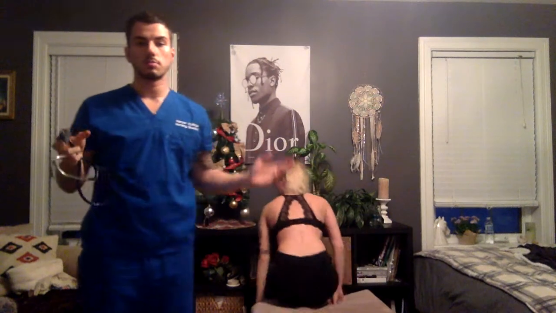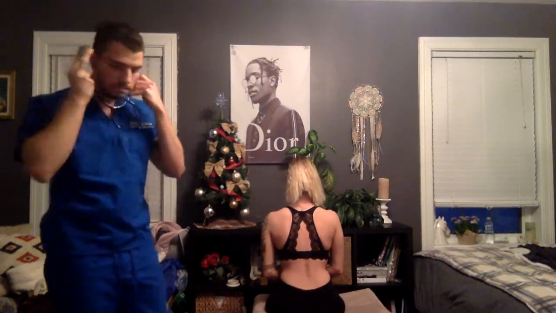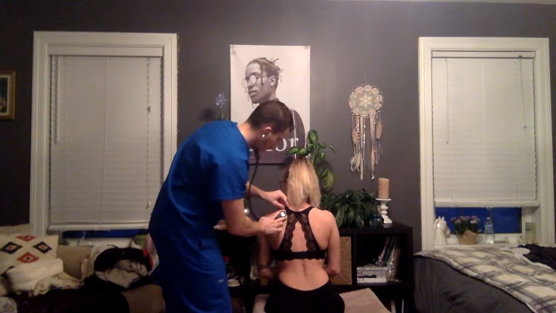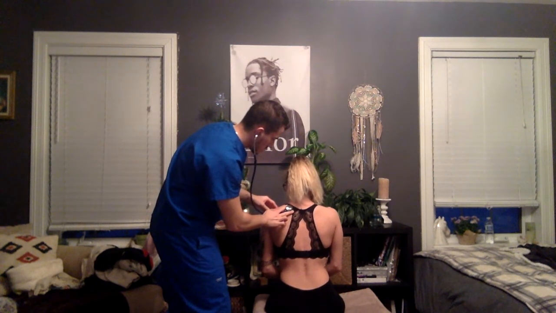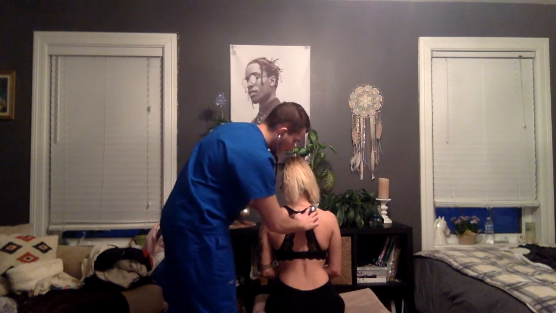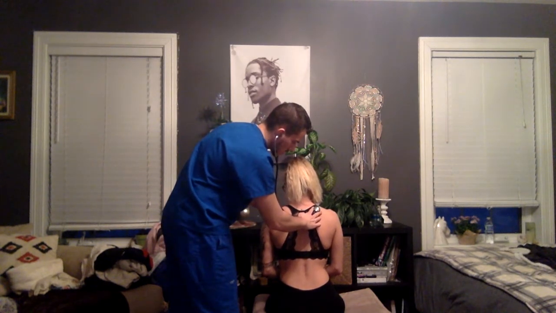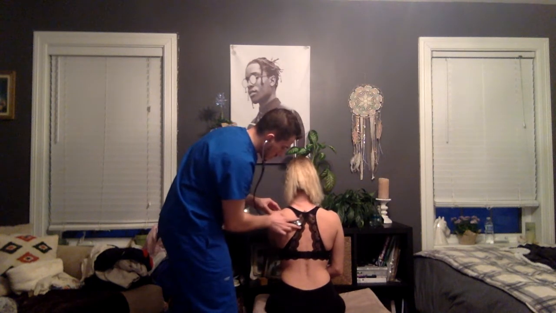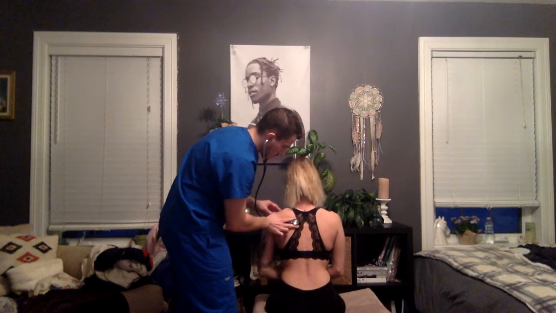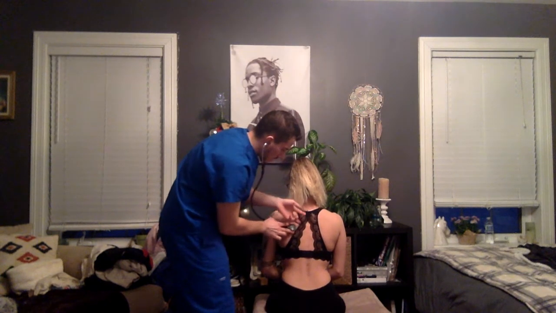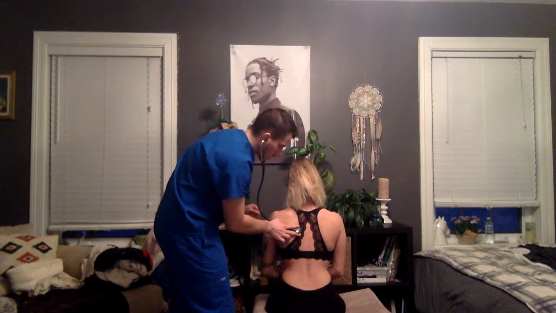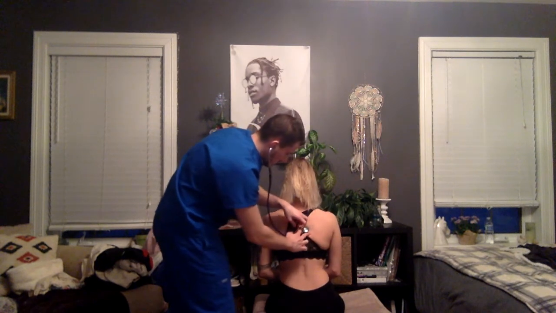Okay, and now I'm going to go ahead and auscultate the posterior side of my patient's chest as well. So I'm going to start from up top here. And I'm waiting for each breath. And I'm going in between the scapula, as close to the spine as possible.